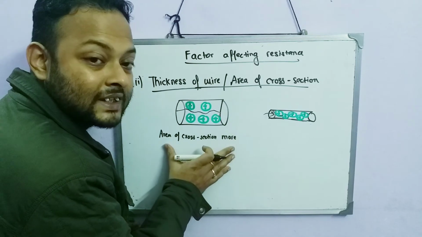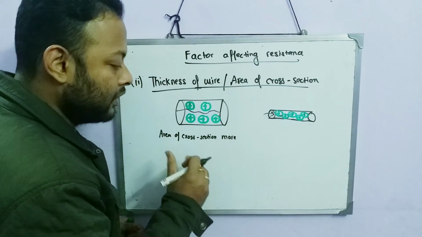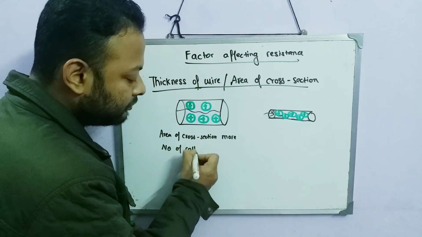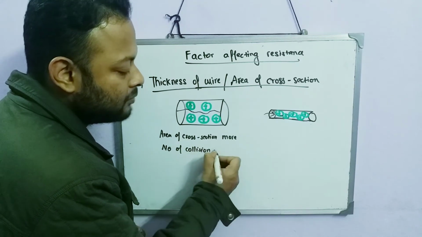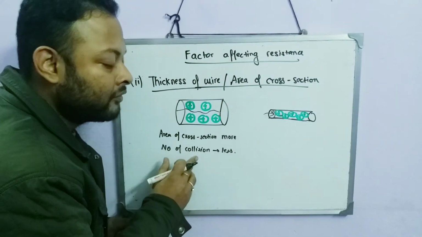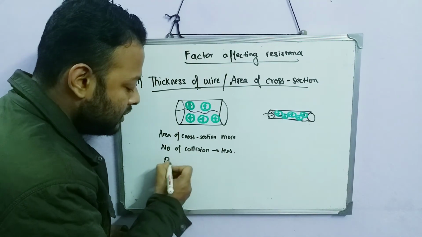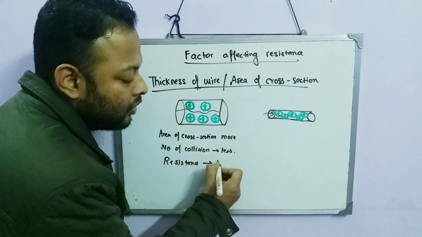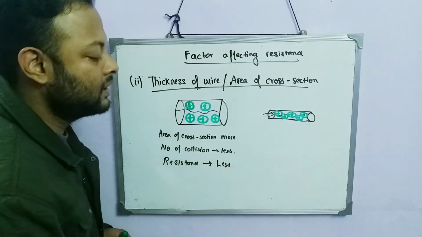If area of cross section becomes more, what happens? Number of collisions becomes less. And if number of collisions becomes less, the resistance will obviously become less.